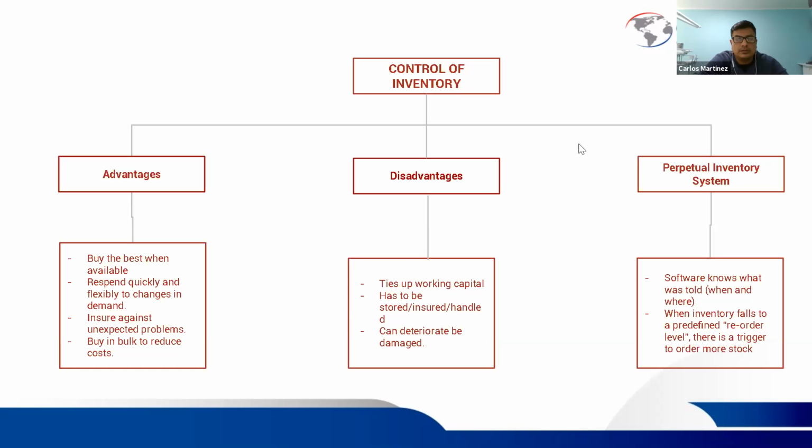As soon as this happens, we need to have the space to store it, and the people to work on it and follow all the necessary precautions to avoid the disadvantages that we mentioned before. So this is another thing that needs to be taken into account whenever we talk about the control of inventory. Even though always having something in inventory tends to be thought of as an advantage, there are some disadvantages, and there are ways of controlling them, with the perpetual inventory system.